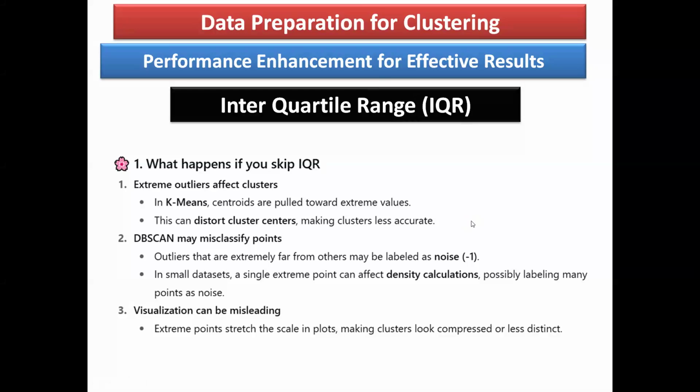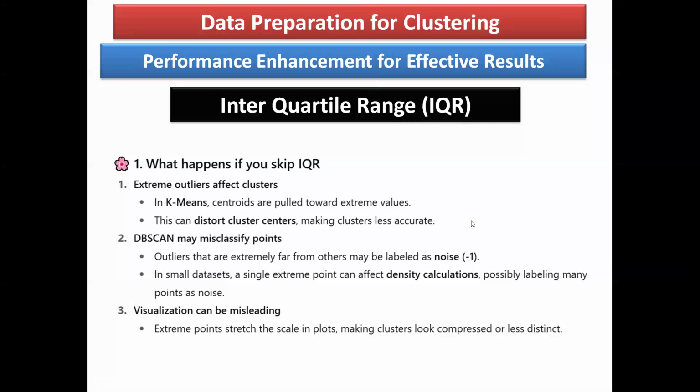For example, I have only four values: 1, 3, 5, and 100. 1, 3, 5 are similar values, nearby values. But what about 100? If I do not apply IQR, the centroid will be calculated by taking 100 into consideration also.